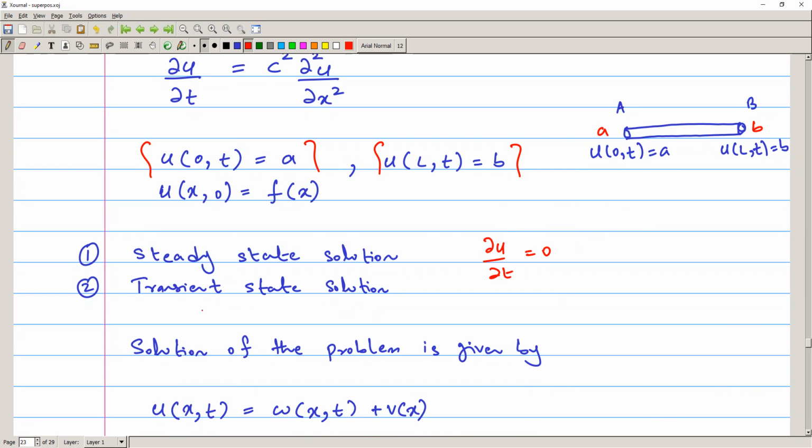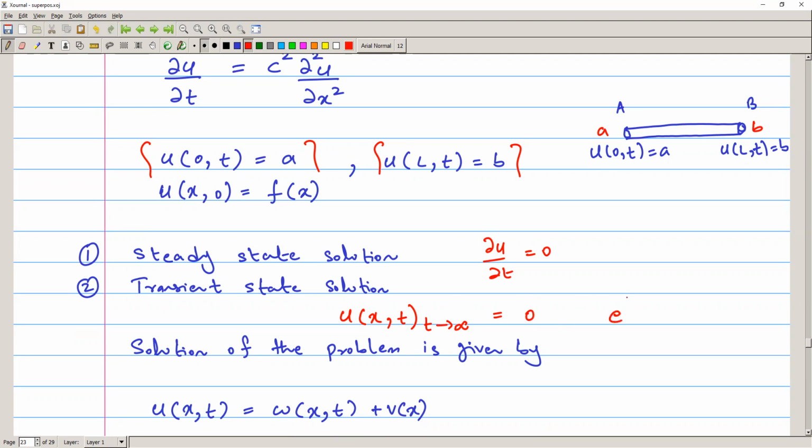And then the second solution is the transient state solution. All right, the solution that will be 0 when t tends to infinity, right? When t is increased by a large amount, that is t tends to infinity, the solution will converge to 0, right?